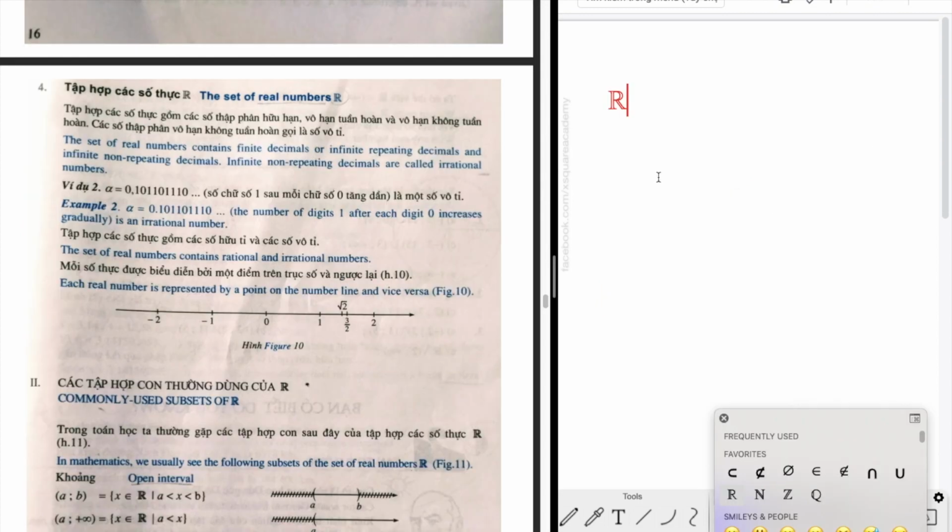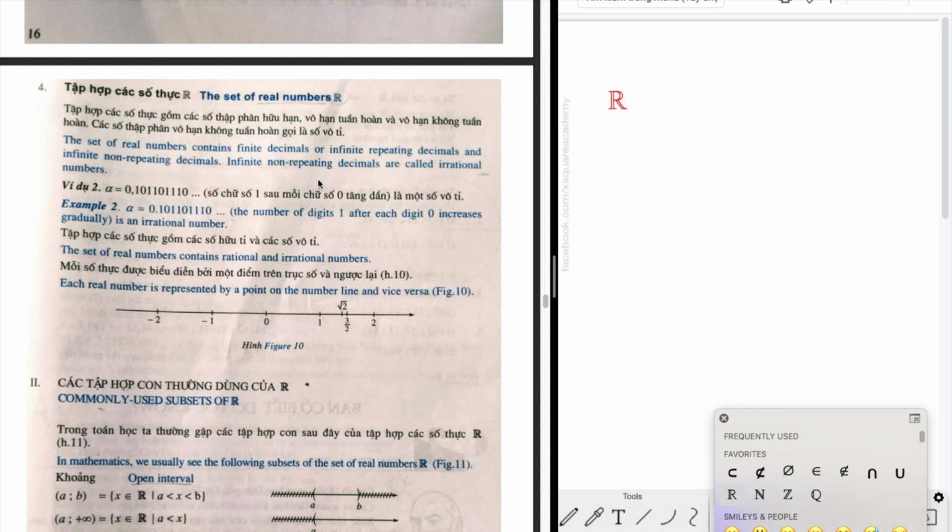The fourth set of numbers we will learn in this lesson is the set of real numbers, denoted by the capital letter R, like this. The set of real numbers contains finite decimals, infinite repeating decimals, and infinite non-repeating decimals.